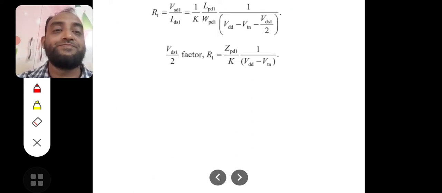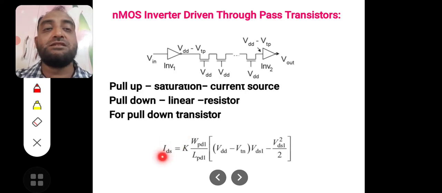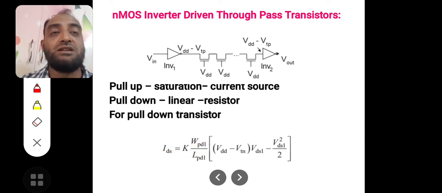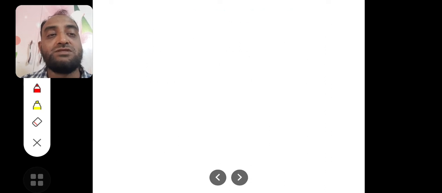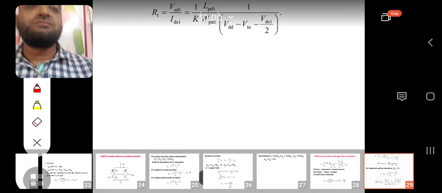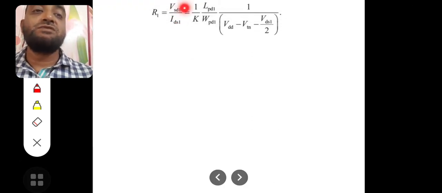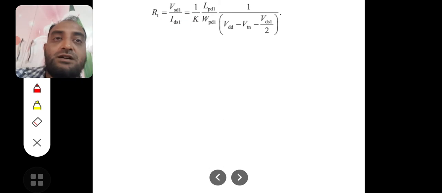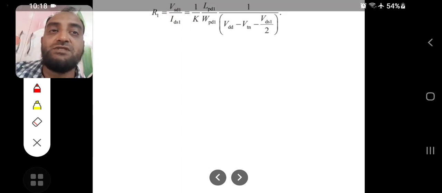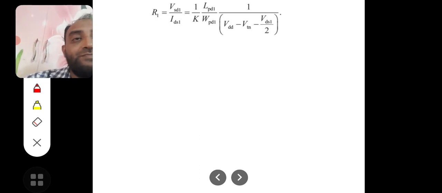By this equation, if you need to estimate the current, you know the voltages applied. Now we just need to estimate the resistance offered by the device. R is equal to V by I. R1 is equal to VDS of device 1, the first inverter, by IDS of device 1.